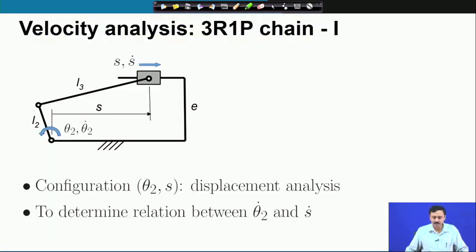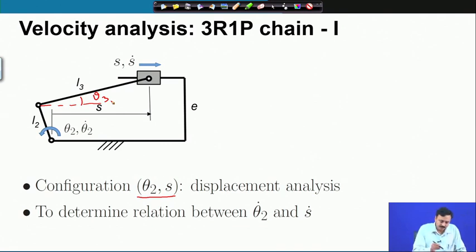So, this is the 3R1P chain type 1. The configuration is in terms of theta 2, s and also theta 3. If I know theta 2, for example, I can find out s and theta 3. If I am given s, I can find out theta 2 and theta 3. All this we have discussed under displacement analysis.